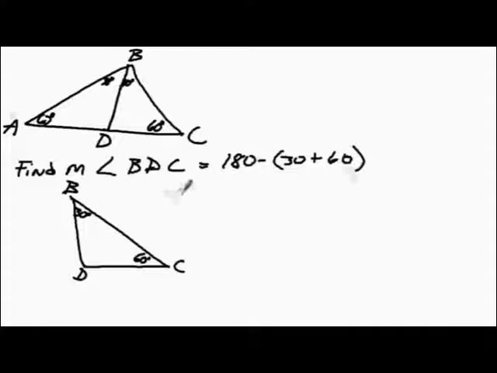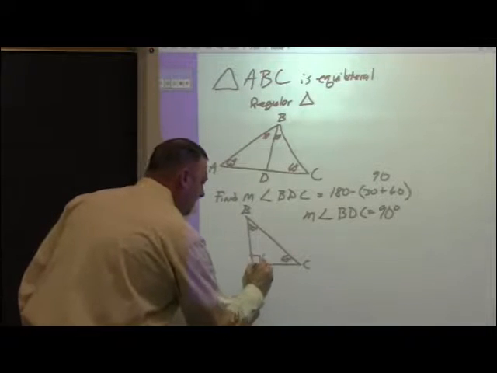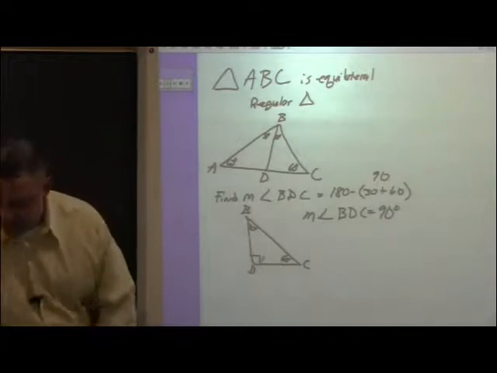So we're going to get the measure of angle BDC is equal to, let's see, 30 and 60, that's 90. 180 minus 90 is 90. So we can basically put a right angle in there.